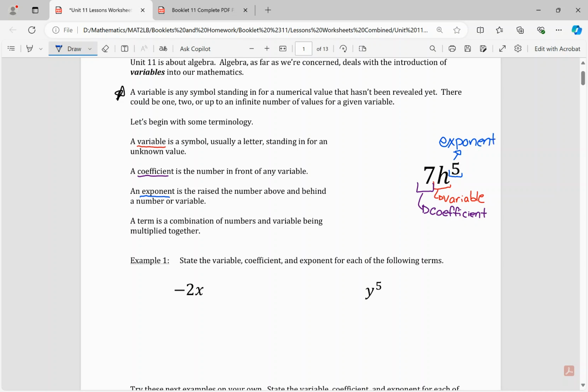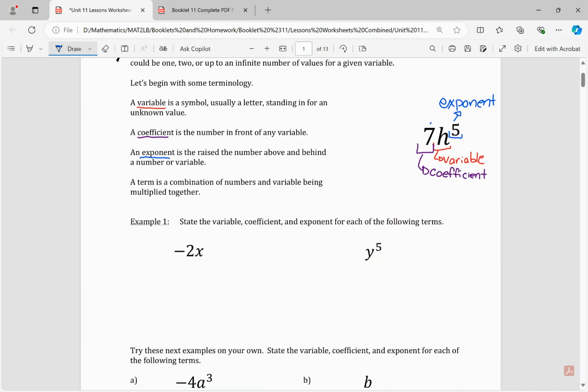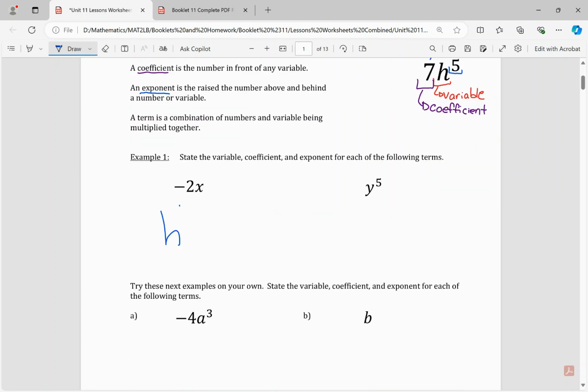Okay. Now, what that exponent means is that we're taking the h, because it's attached to the h, and we're multiplying it by itself 5 times.